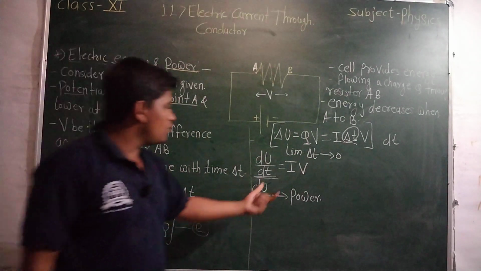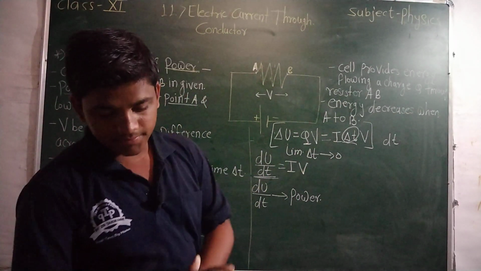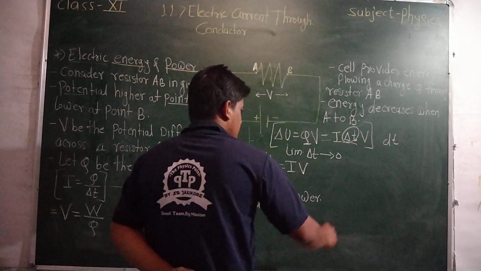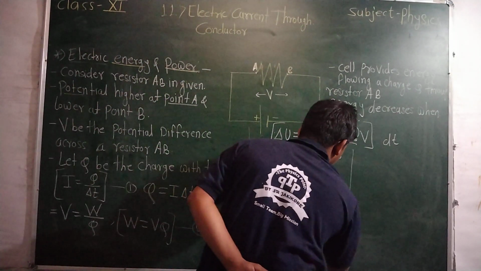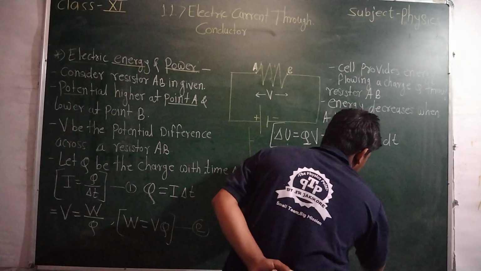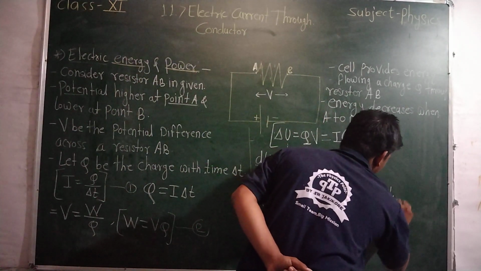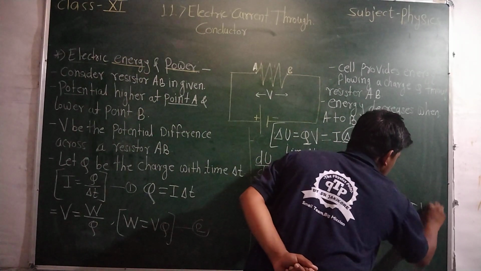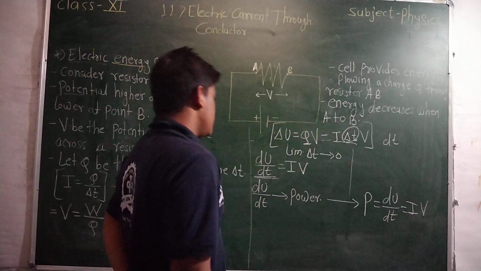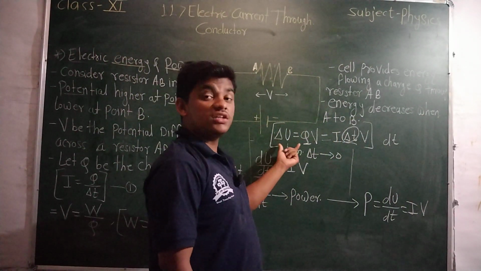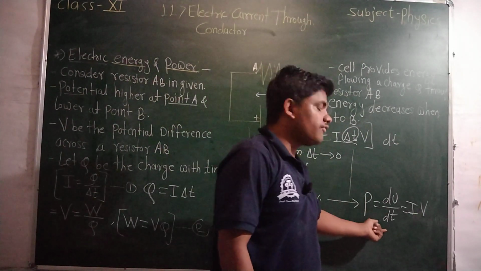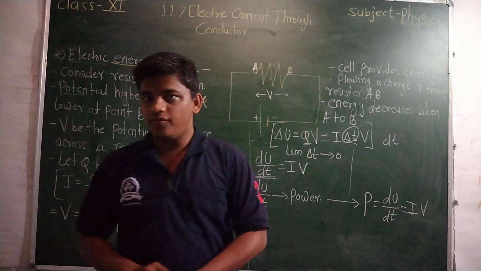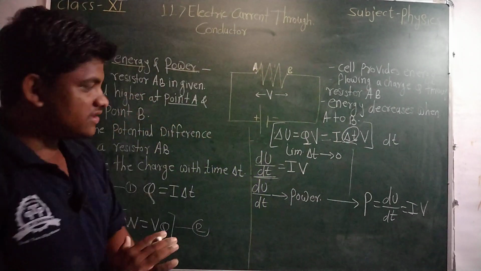Power is equal to I into V. Then P, that is the power P, is equal to dU by dt, which is also equal to I into V. This is the equation for the energy, and this is the equation for the power, but they are not compatible equations. We use another form.